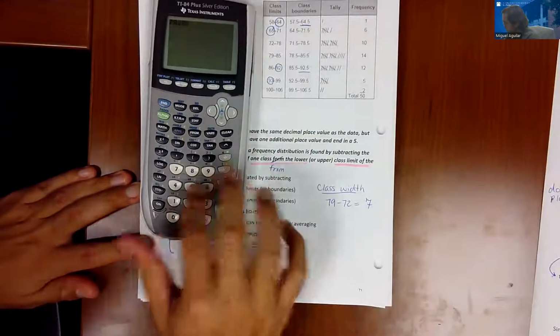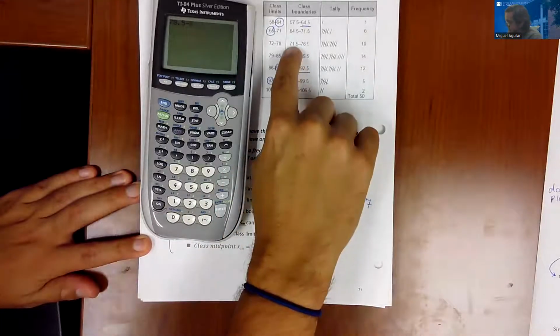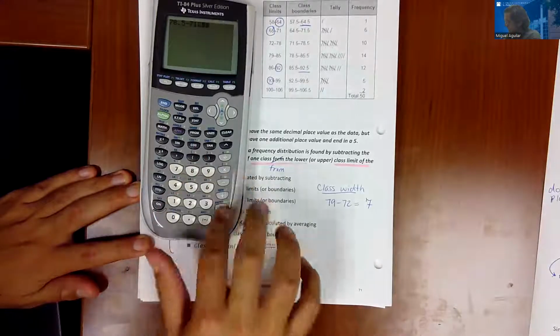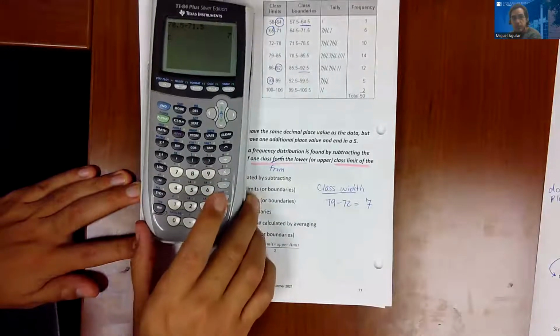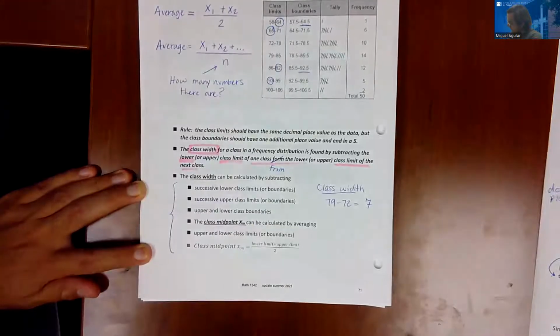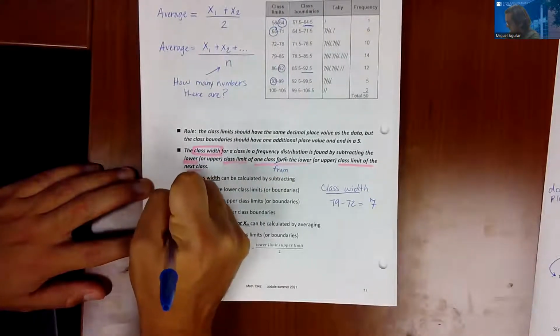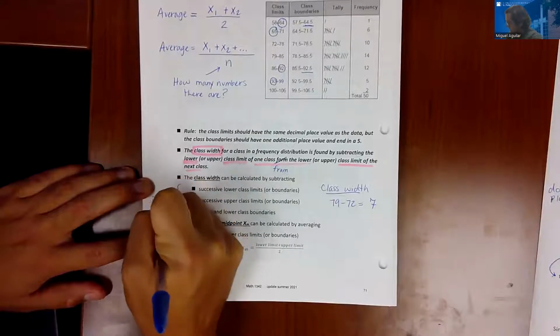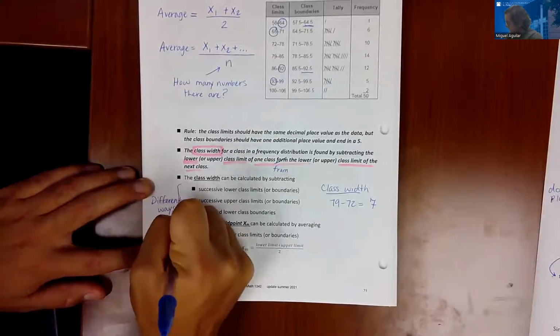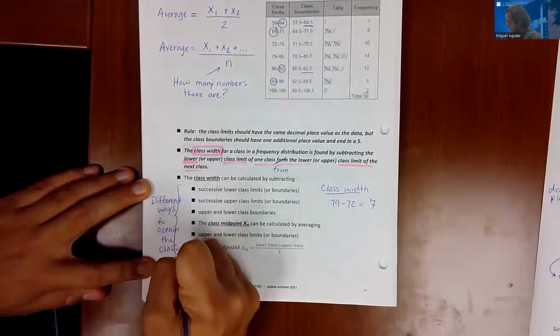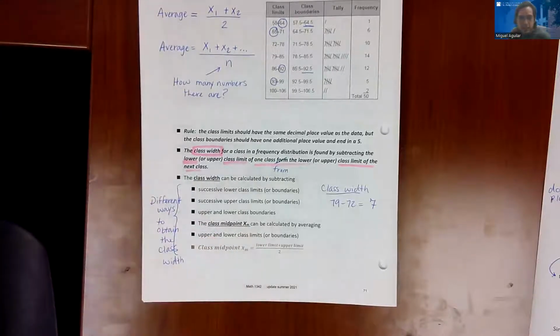So 78.5 minus the lower boundary above it, 71.5, and we get 7 as well. Okay. So these are just different ways to obtain the class width, how wide the class is.